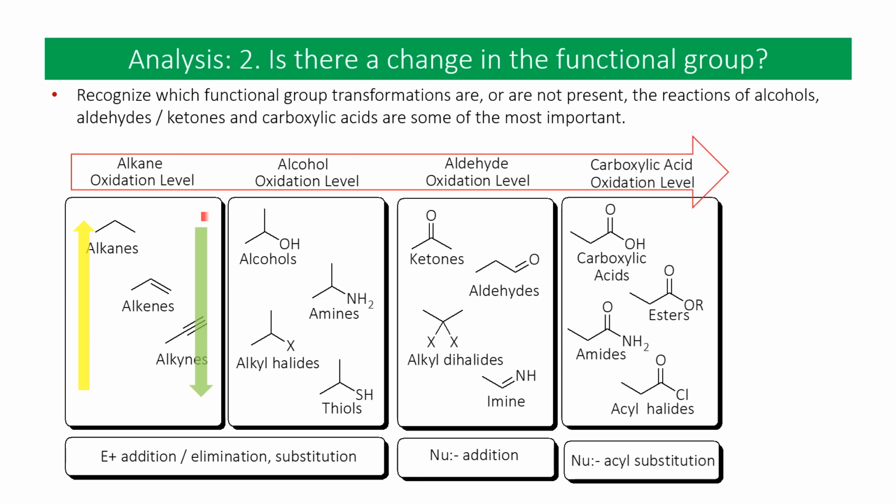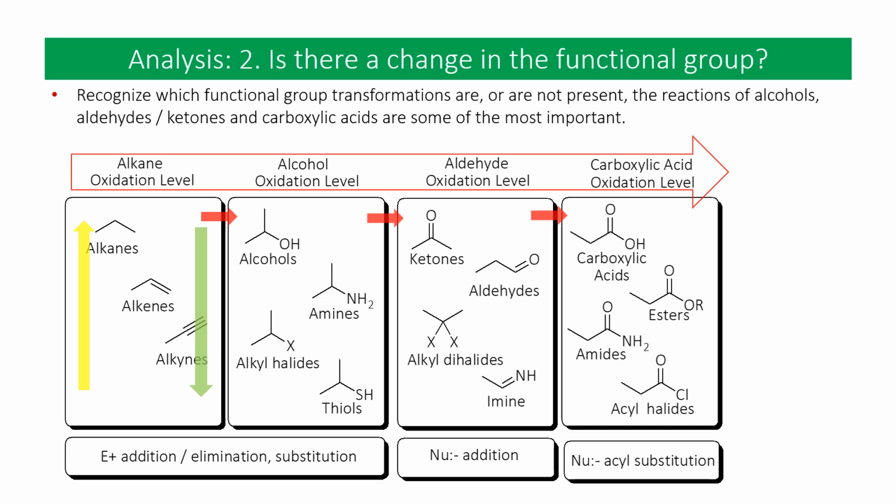To move from, say, an alcohol to a ketone, which is an oxidation, you would require something like PCC or a chromate. And then, of course, if we had a primary alcohol, we could drive it all the way to the acid.